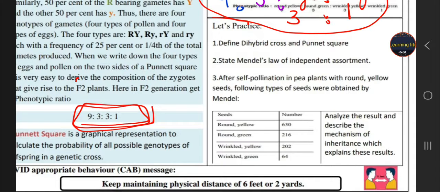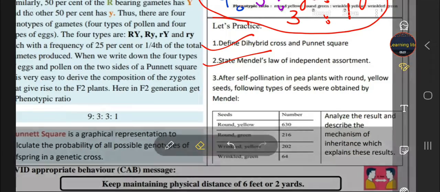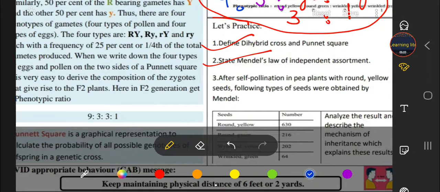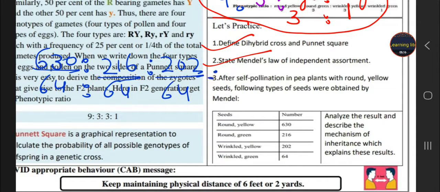Let's practice some questions. First, dihybrid cross and Punnett square, I told you. Second, the Mendel law, I always told you. And the last question, we compare the ratio. The numbers given to us are 630 divided by 64, then 216 divided by 64, 202 divided by 64, and 64 divided by 64.